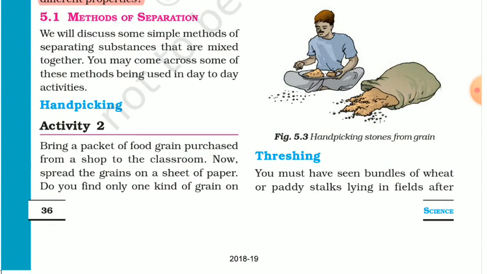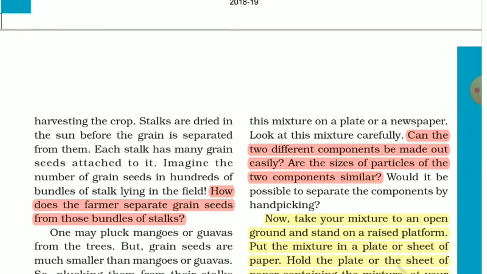Now the next method of separation is threshing. Now what is threshing? You must have seen the bundles of wheat or paddy stalks lying in the field after they are harvested from the crop. These stalks are first dried under the sun before the grain is separated from them.